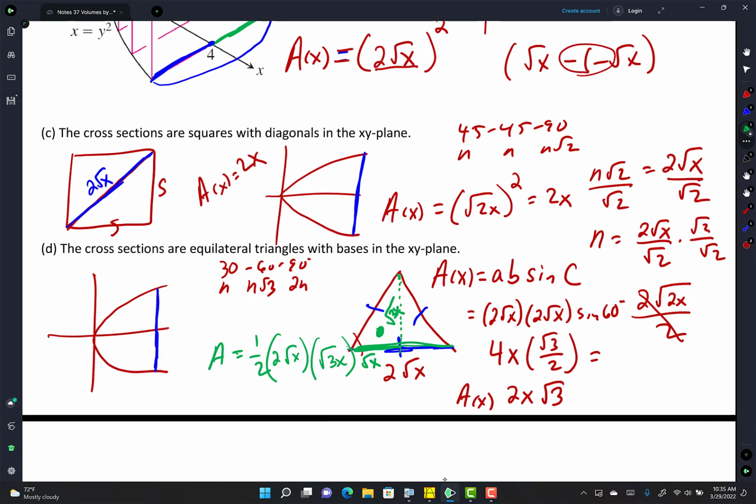So 1/2 base times height. 1/2 times 2. x square root of 3. Oh man, did I mess up over here? All right, hold on. A, B. Oh, I think I did that, no? I put the half here. 1/2 base times height. 1/2 base times height. Square root of x times.